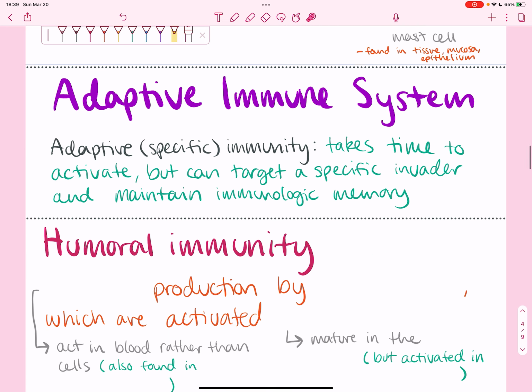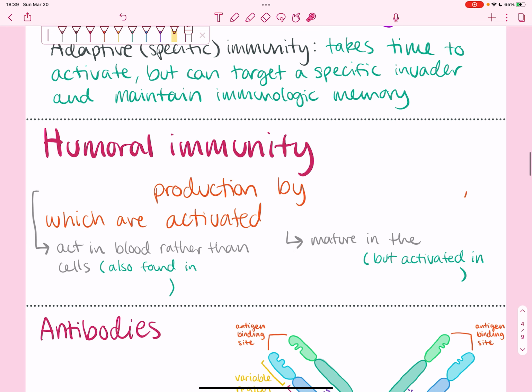So let's get going. Humoral immunity, if you remember, involves the B cells. It's centered on antibody production by plasma cells, if you remember those.